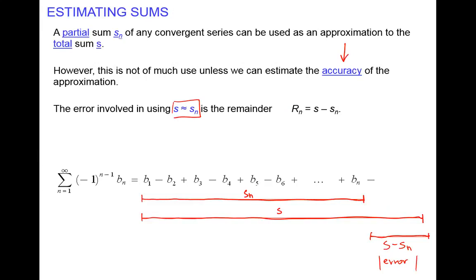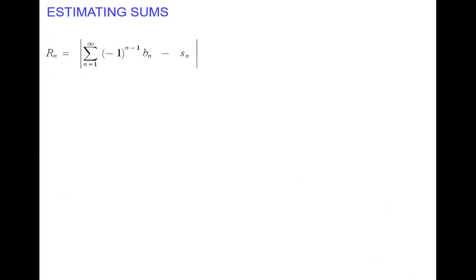Let's try to estimate. One more time, the error is defined as the entire sum minus the partial sum. The partial sum, expanded, means S sub n is all of the terms adding up to b sub n.